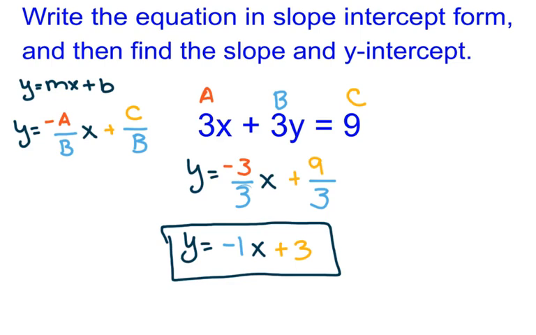Okay, if we followed our ability to just switch it around, I would have then had 3y equals negative 3x plus 9, because I'm subtracting that 3x over.